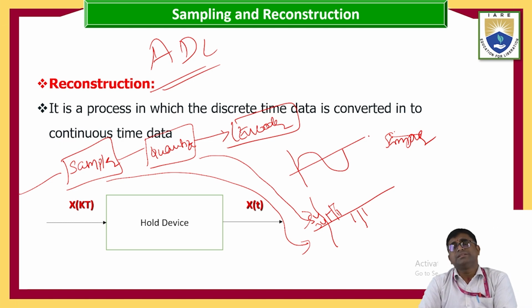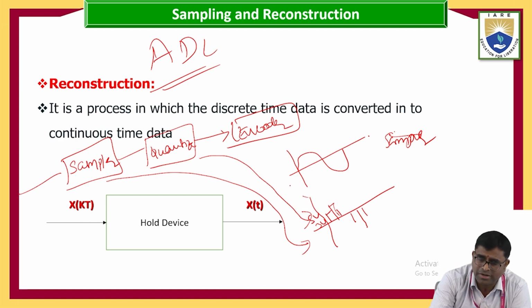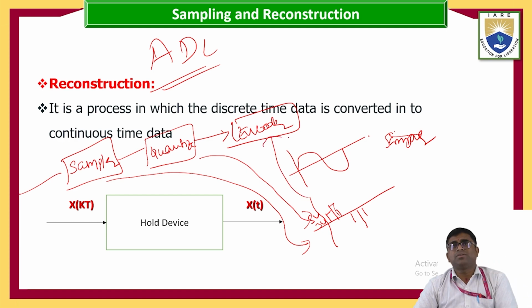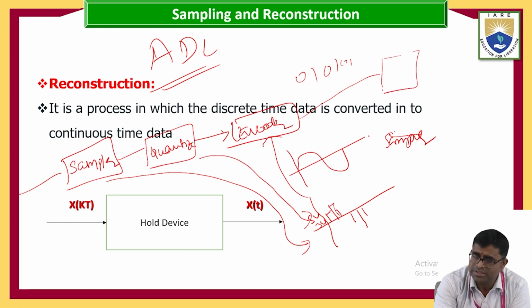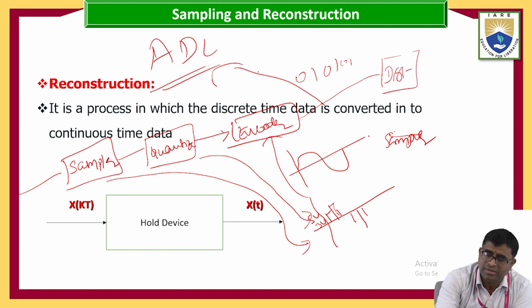After that, those voltage levels are given to the encoder. This encoder will convert that into zeros and ones like this. Okay, this encoder output is going to be given to the input of the digital computer. This is the part of the ADC.